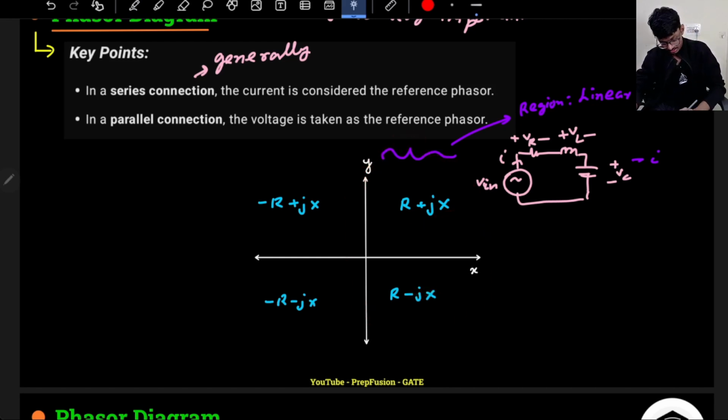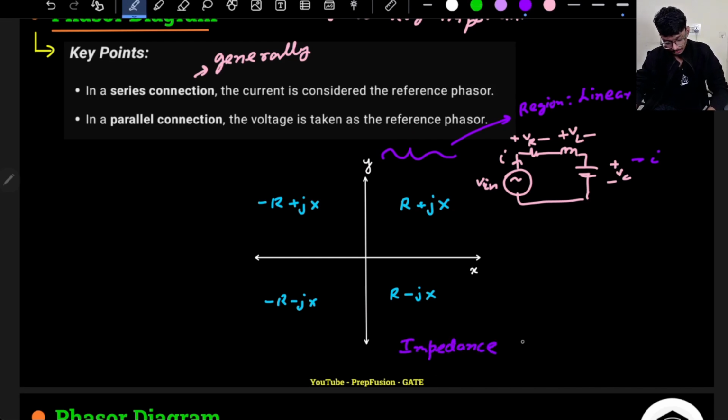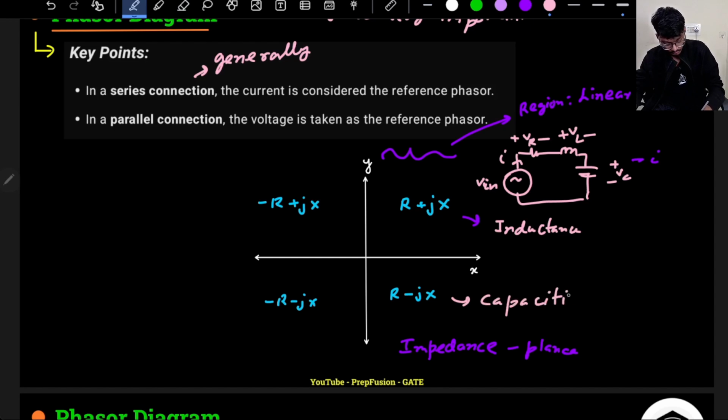This is the impedance plane. For admittance, it will be different. In the impedance plane, if the reactance is positive, that means this region is for the inductance, that means it is an inductive reactance. If the reactance is negative, that means it will be a capacitive reactance. Now what can be the limiting values, the maximum and minimum values of reactance? So this is my theta z.